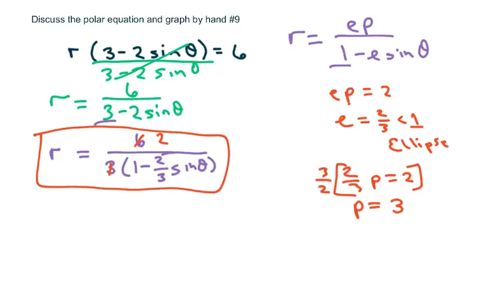Alright, so basically we have an ellipse. The directrix is perpendicular because it's, oh no, it's sine, isn't it? Alright, so since it's sine, it's parallel to the polar axis.